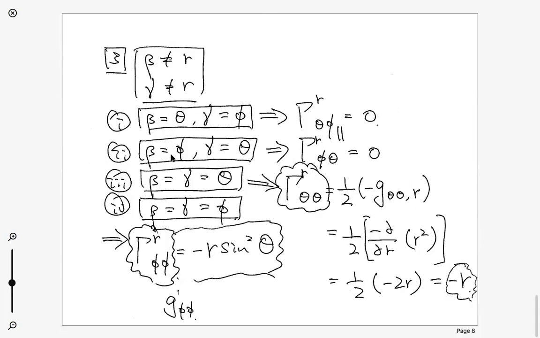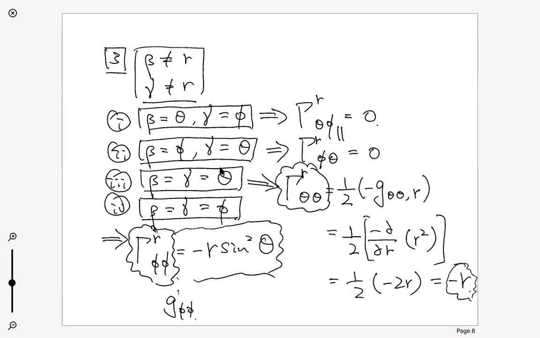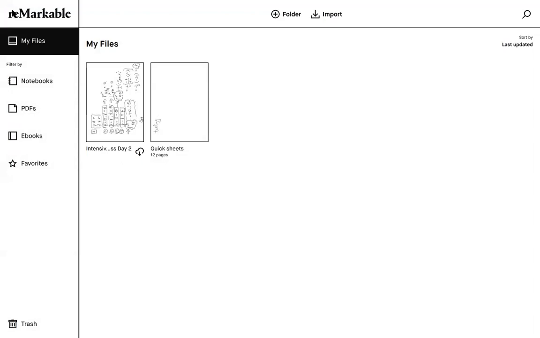For the interest of time, because we only have about 30 minutes left, I won't go into the details of calculating the Christoffel symbols for these 2 cases. What I can do is just give you the answer that I have derived.